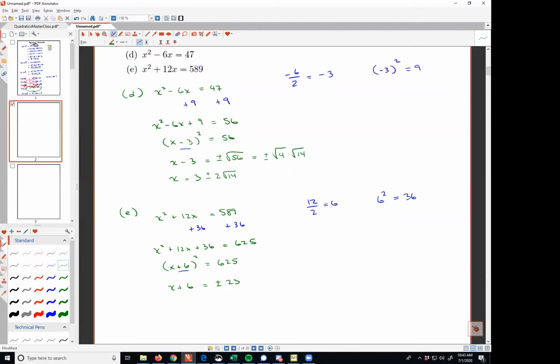So we have plus or minus 25. And what are our solutions? 19 and negative 31. Good.